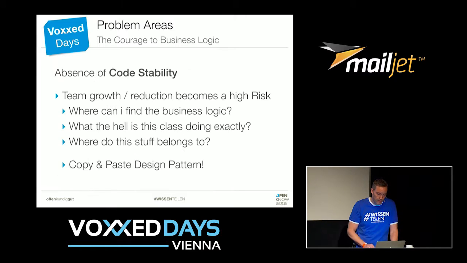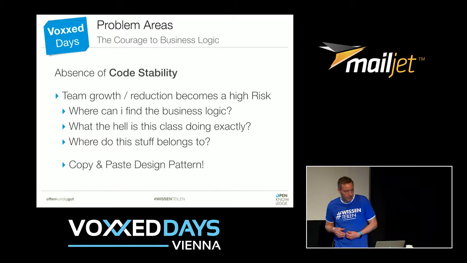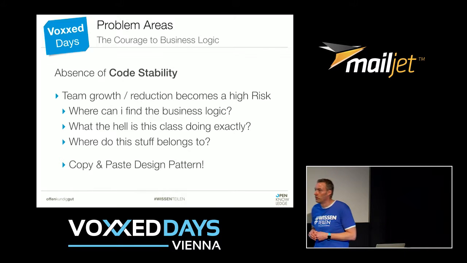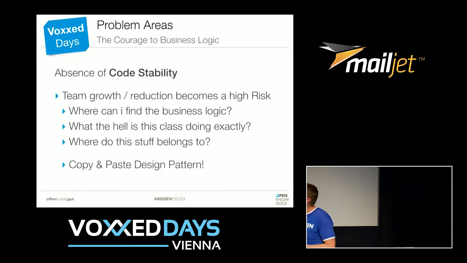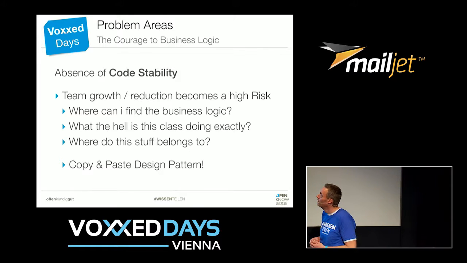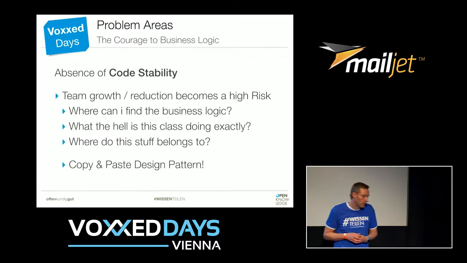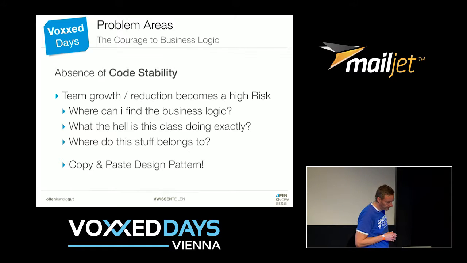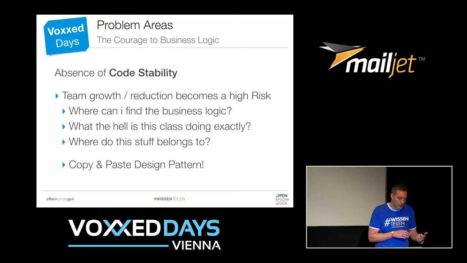And absence of code stability means that we can run into a real problem when the team grows or we have a team reduction, because this will become a high risk. Because nobody knows what the business logic is about and where they can find the business logic.